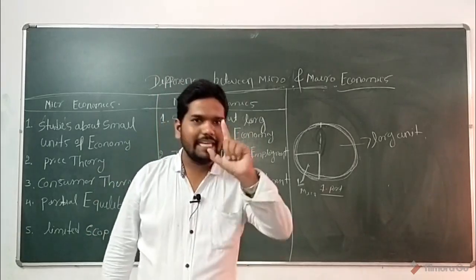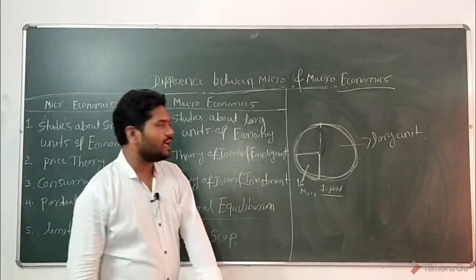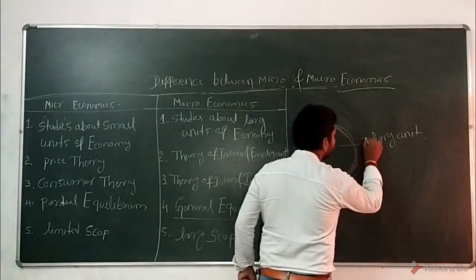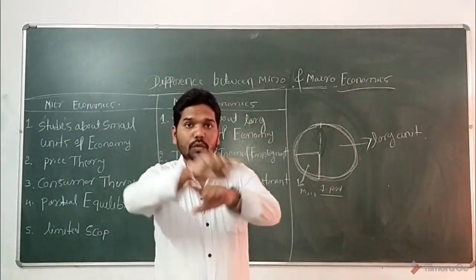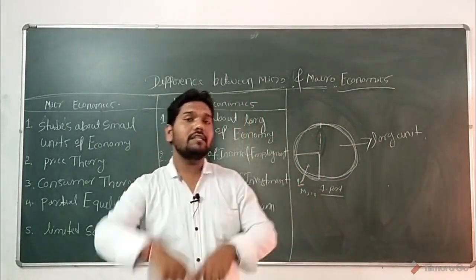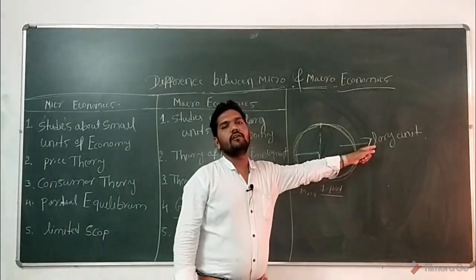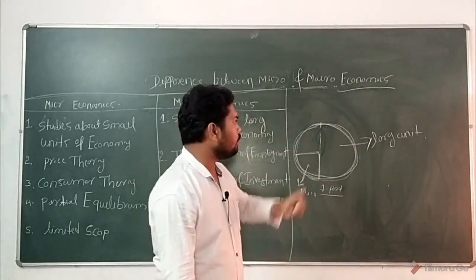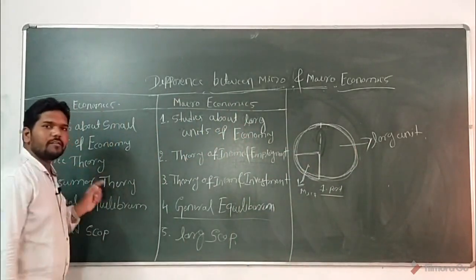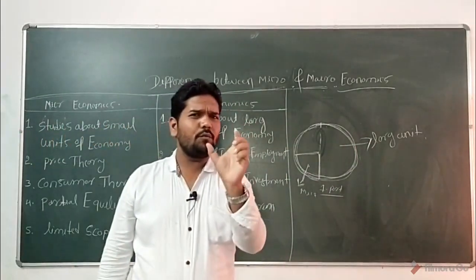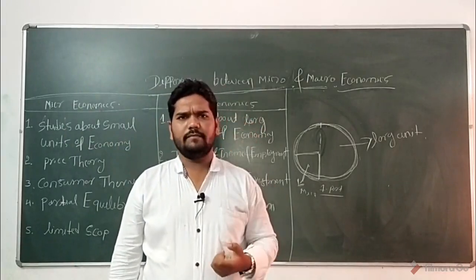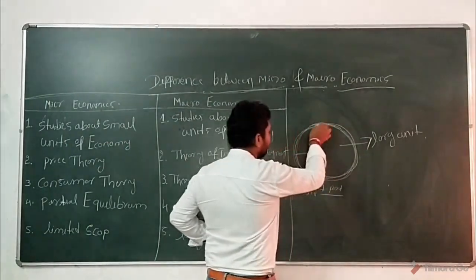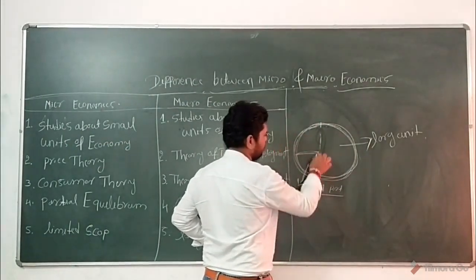General means common, universal: universal equilibrium, common equilibrium or general equilibrium. Microeconomics studies only one part of the overall economy.